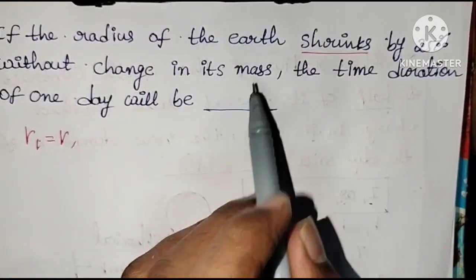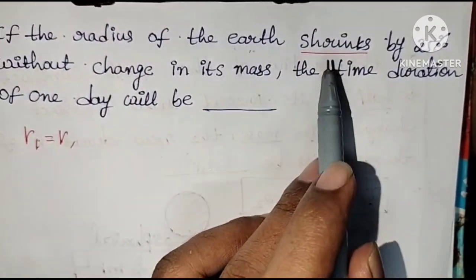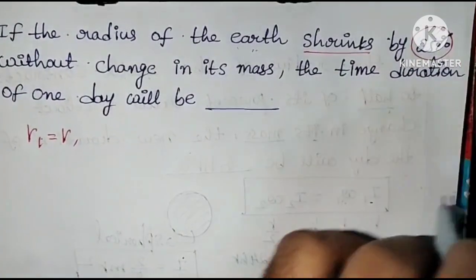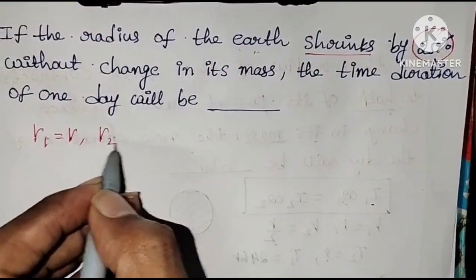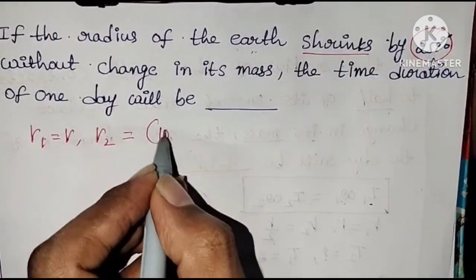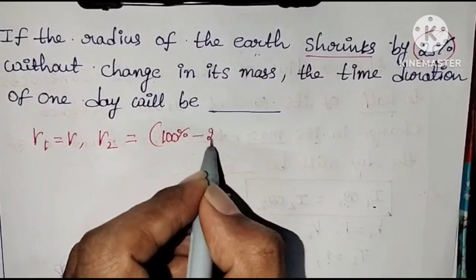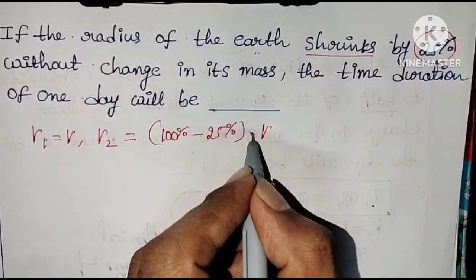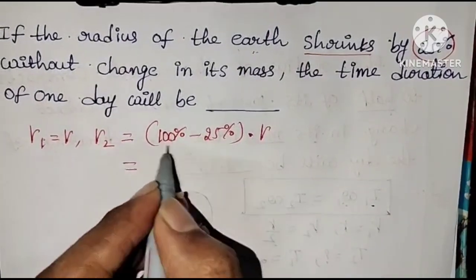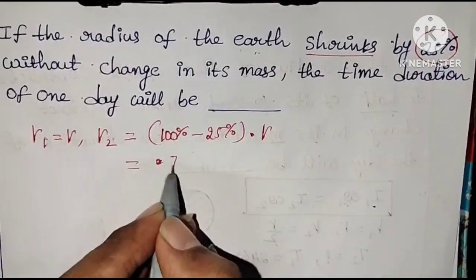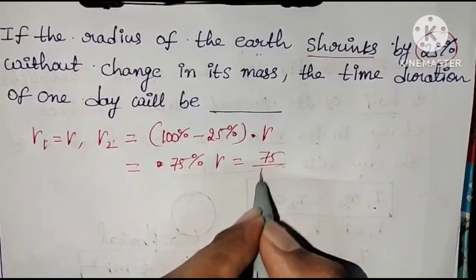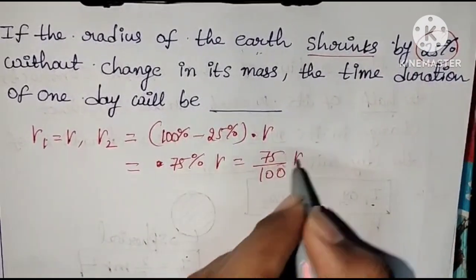The earth's radius shrinks by 25%, so r2 will be 100% minus 25% into r, the initial radius. So how much? 75% means 75 by 100 into r.